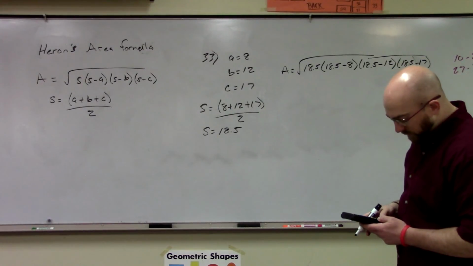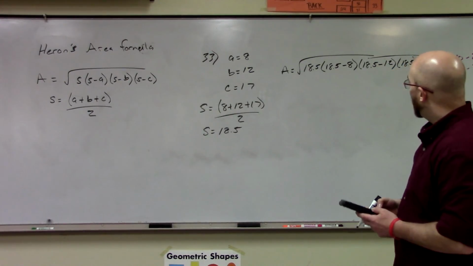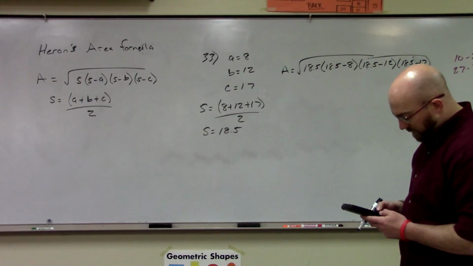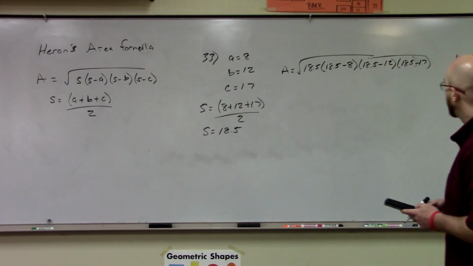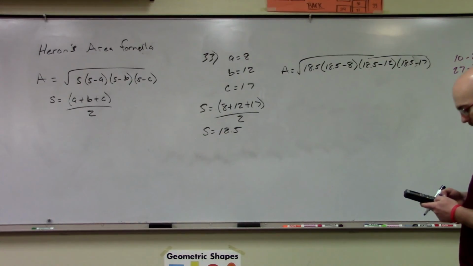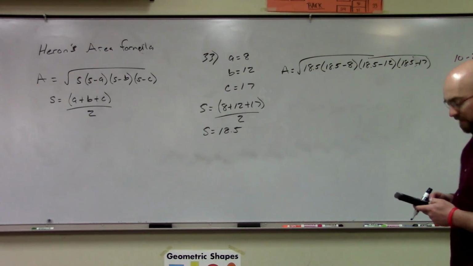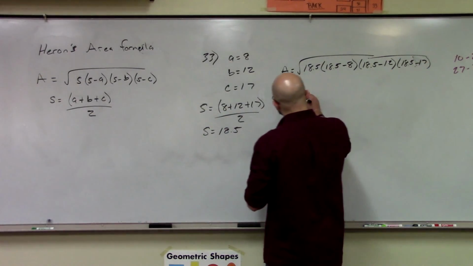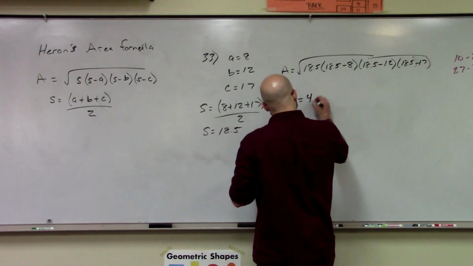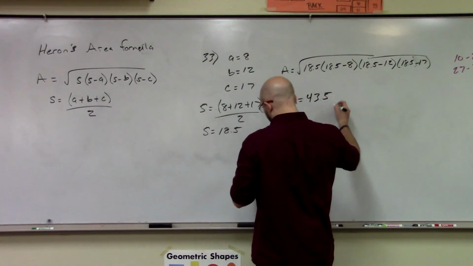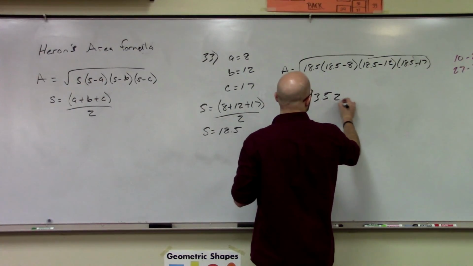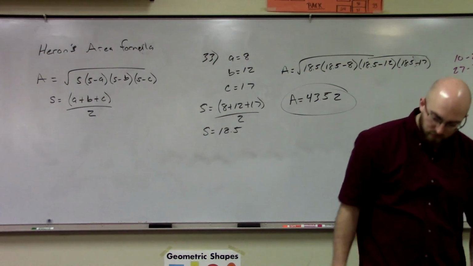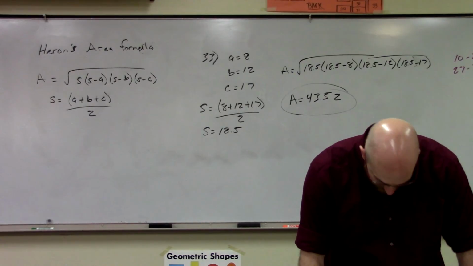So 18.5 times 18.5 minus 8, close parentheses, times 18.5 minus 12, close parentheses, and then 18.5 minus 17, close parentheses, and then close parentheses last. And you get 43.5 or 5.2. Let me check what they got. And that's what they got too.